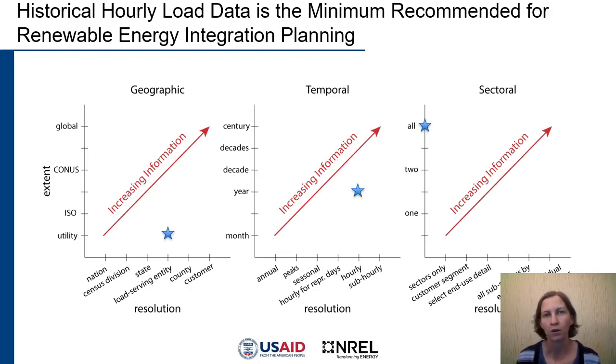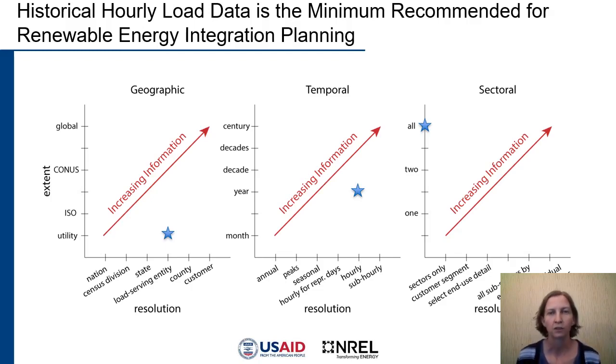And so a lot of our early grid integration studies, and really a lot of grid integration studies that still happen today, often focus on using historical hourly load data from a specific weather year that's aligned with the same weather year that's modeled in the wind and solar data. And we really do recommend this as a good starting point for getting a more detailed understanding of load and how it interacts with renewable resources. So that really corresponds to what's hopefully a manageable level of data.